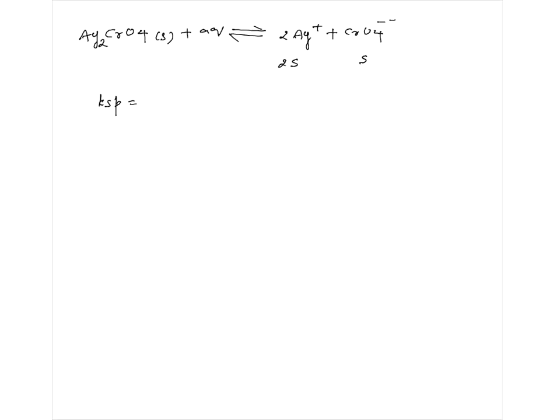Solubility product is Ag plus, but this time power 2 will come. Just like in case of Kc, stoichiometric coefficients go to the power, Ksp has come from Kc only. So similar behavior it will show. That's it. But Ag plus concentration is twice S, and this fellow has S. So we have 4S cubed.